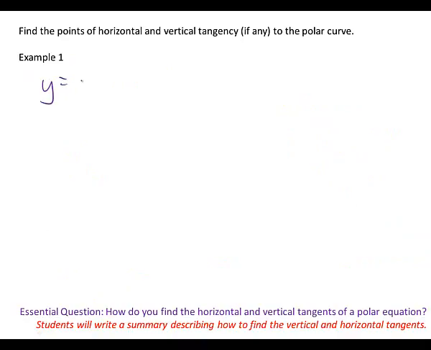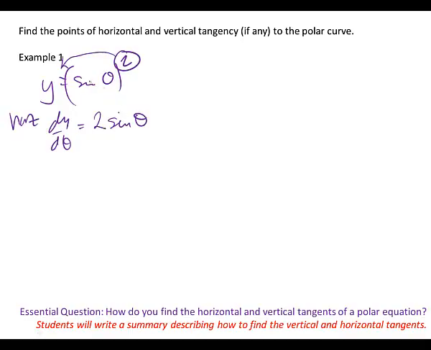So it's really, we're taking the derivative of sine theta squared. All right, so this is horizontal. So dy d theta equals, what's going to happen with that 2? It's going to go to the front, right? So 2 sine theta.